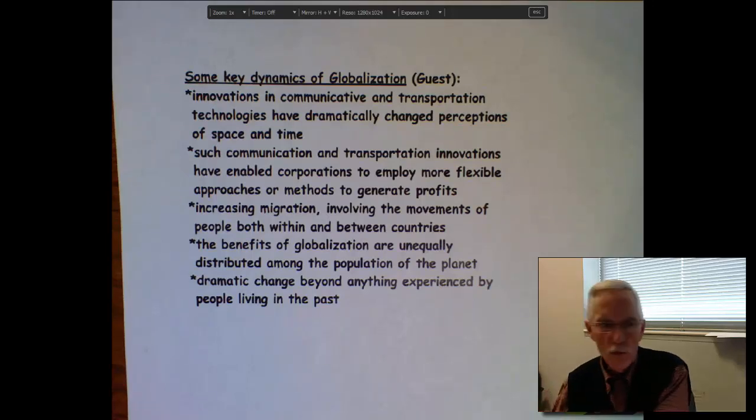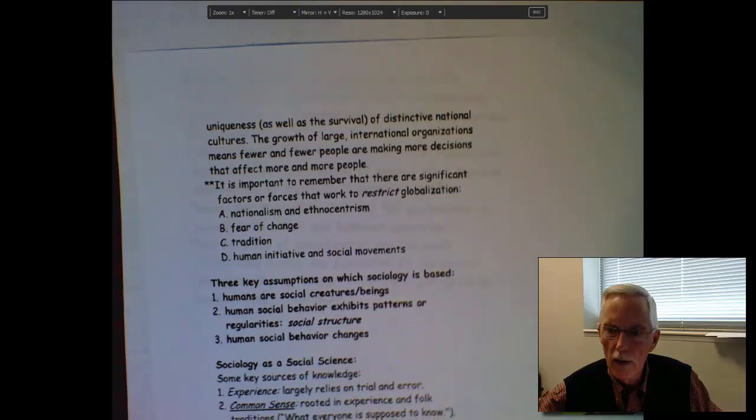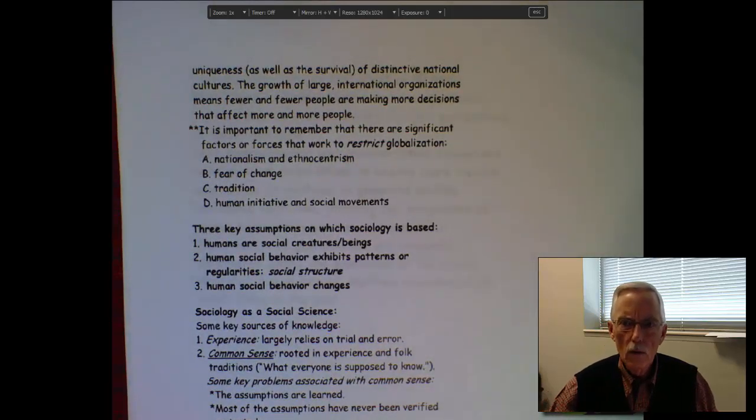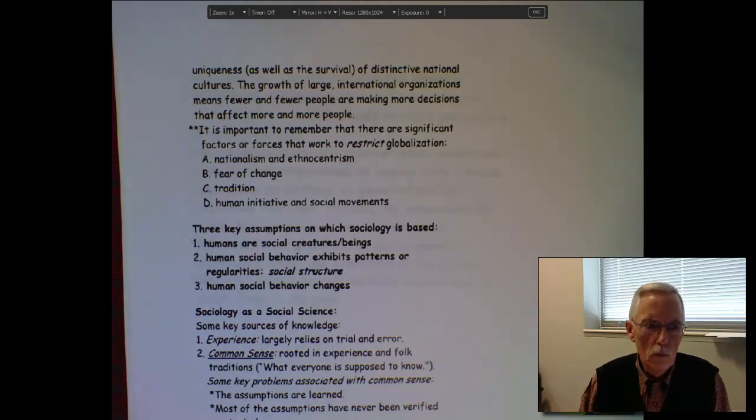Now, if you go over to the third page of the study guide, I've highlighted the fact that there are certain factors or forces or influences that really in effect work to restrict globalization and its influence. The first one is perhaps in many respects the most interesting. There are observers who often refer to this as global baloney, that although we talk about globalization, we're still rather provincial.